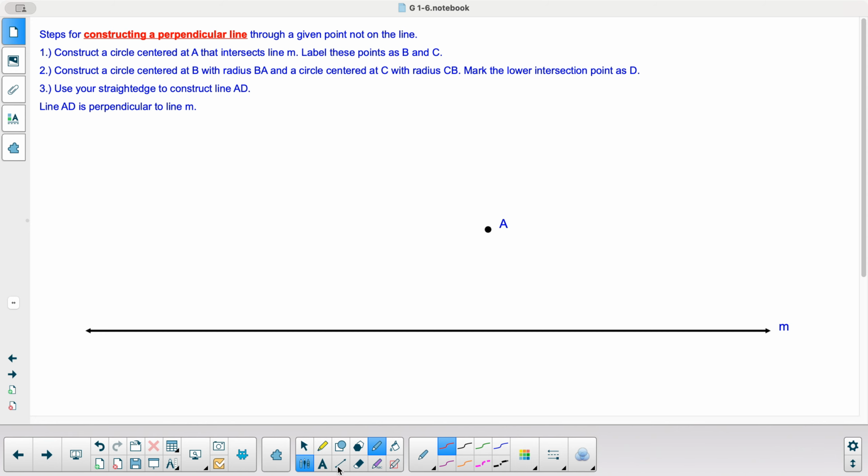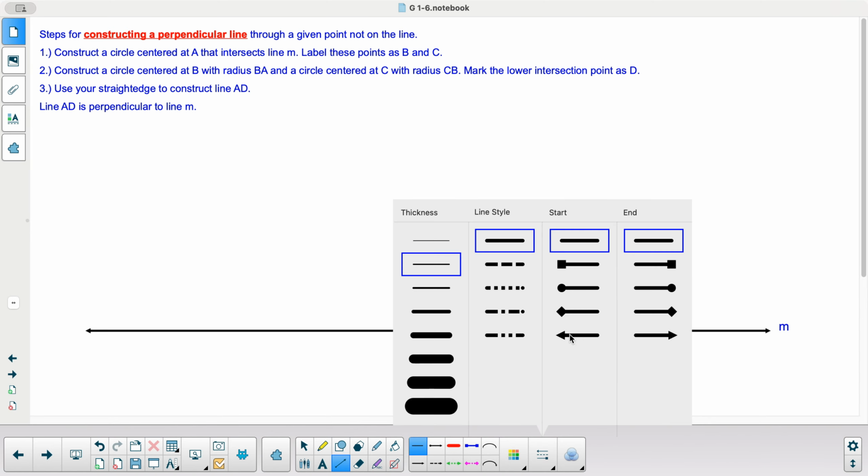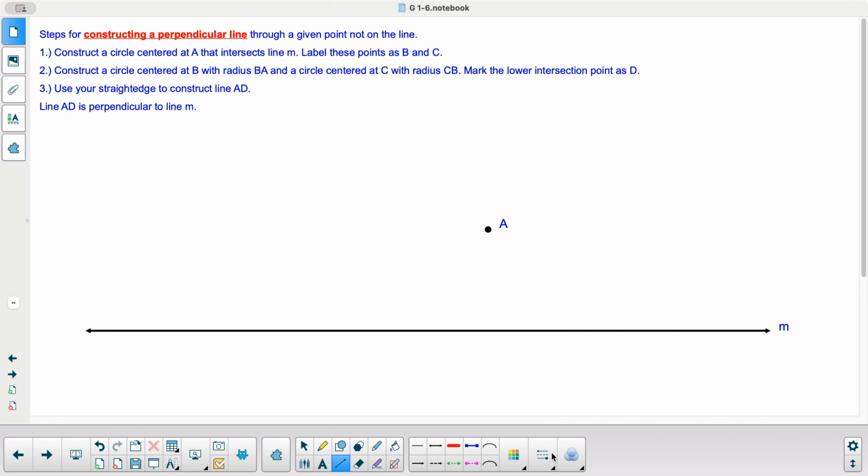So what we want is a line right here that goes through A that is perpendicular to line M. So we'd have to mark it perpendicular and goes through there. Now you can't just draw it. We need to construct it. So we need to use a compass and a protractor. So let's follow these steps.